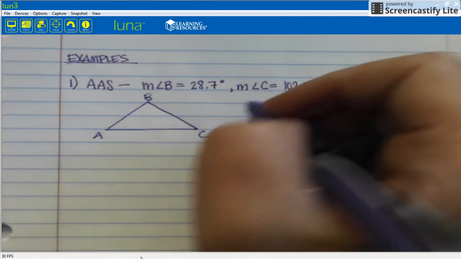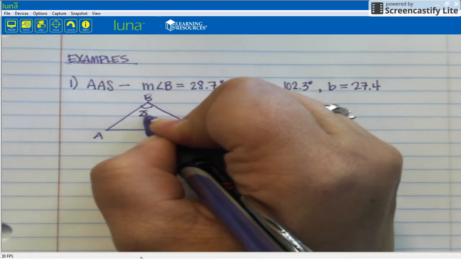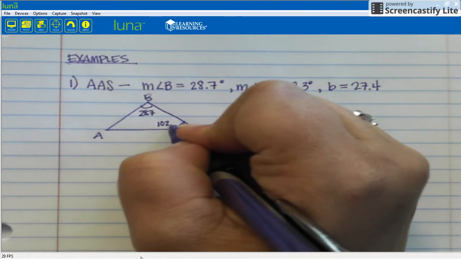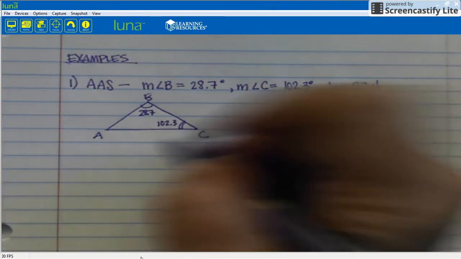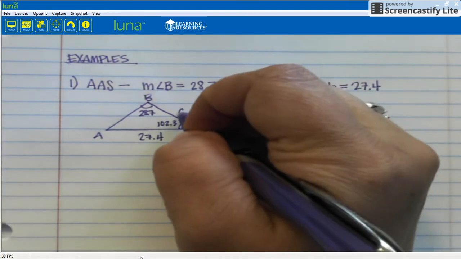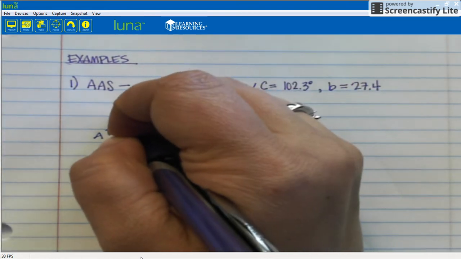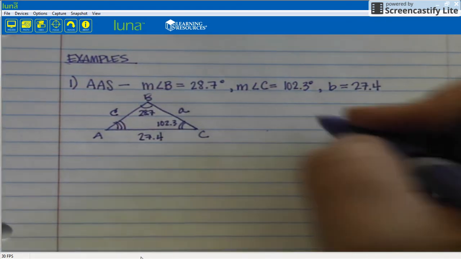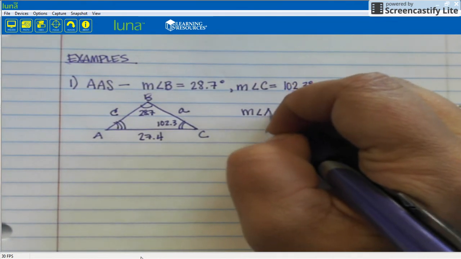So to do that, the first thing you should do is just draw a picture, sketch a real quick picture, label it ABC. It doesn't have to be drawn to scale. We know that angle B is 28.7. We know that angle C is 102.3. We know that side little b is 27.4, and we need to find little a, little c, and the measure of angle A. So to find the measure of angle A, well, that's pretty straightforward.